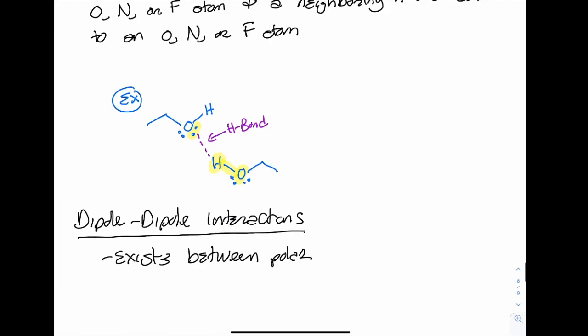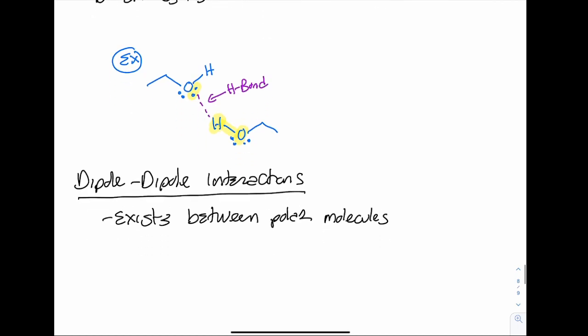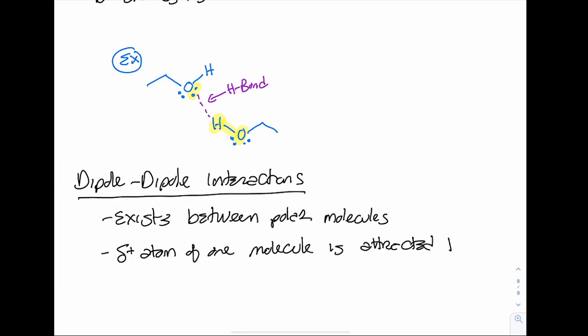So this is going to exist between polar molecules. If the molecule is non-polar, it's not going to have dipole-dipole interactions. So it has to be polar. And what it is, the partial positive atom of one molecule is attracted to the partial negative atom of a neighboring molecule.